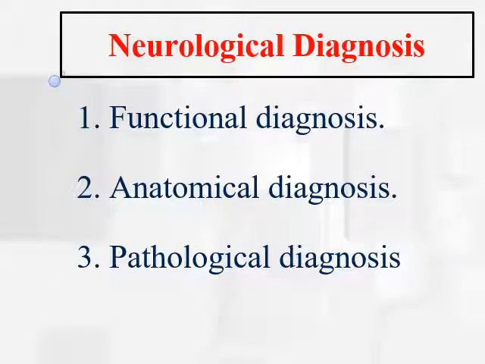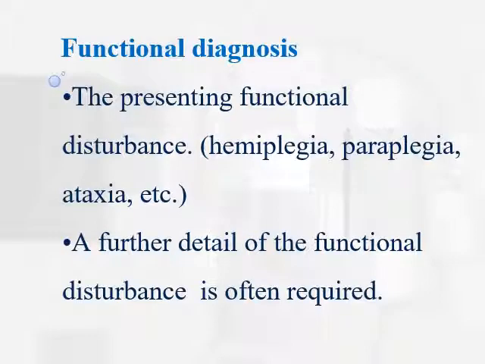In neurology, we have another thing which is different from other medical fields, which is our diagnosis. Neurological diagnosis has three parts: functional diagnosis, anatomical diagnosis, and pathological diagnosis. The functional diagnosis is the presenting functional disturbance.